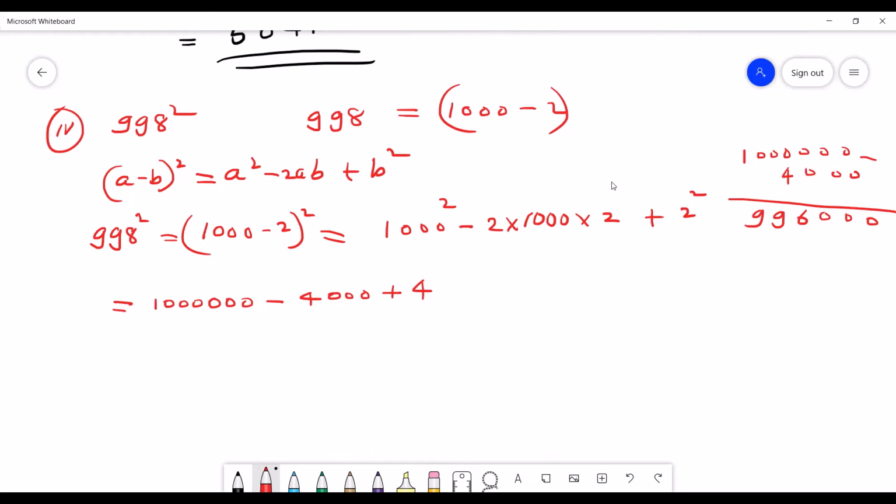Then we have to add this 4 also here. Then we will get 996,004. So our answer is 996,004.